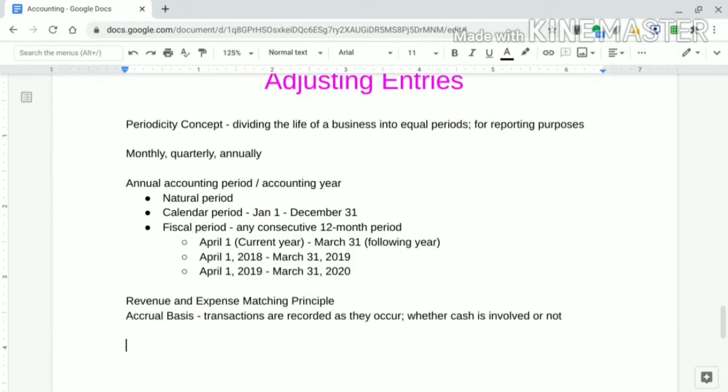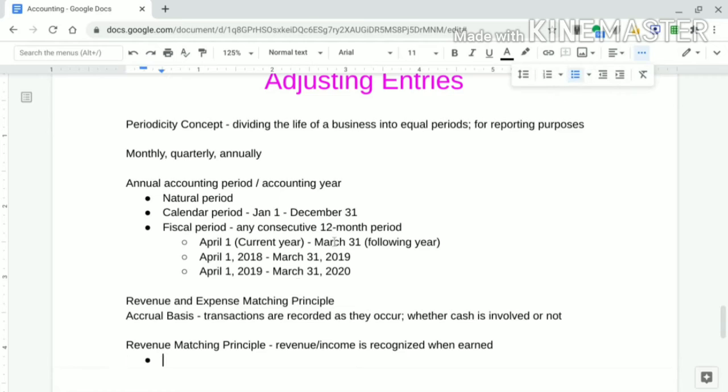So, dito sa revenue matching principle, lagi niyong tatandaan dito that revenue or income is recognized when earned. Pag sinabi nating recognized when earned, for example, service business ka, okay?